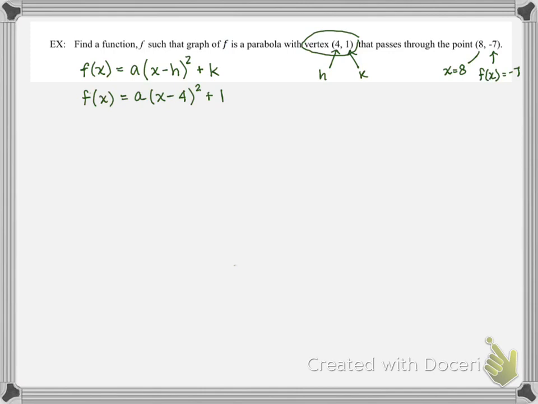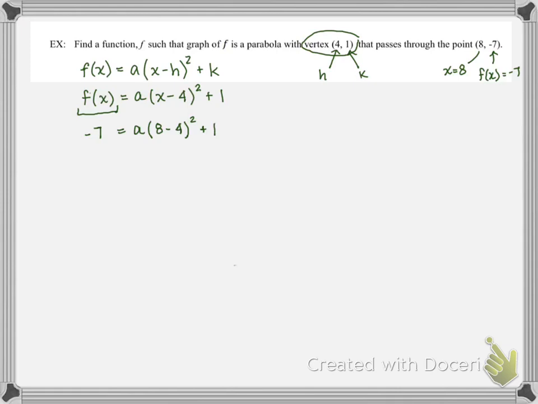So I want to replace f(x) with -7. It's not f(-7). It's this entire thing gets replaced with -7. And then I want to replace my x value with 8. So a times (8 - 4)^2. It's one way to stop using your calculator.